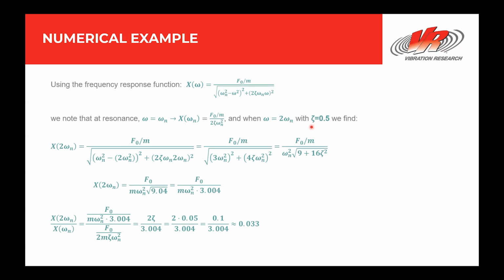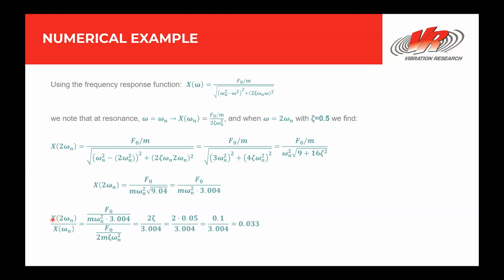So plugging in that substitution, letting omega equal twice the natural frequency into our frequency response function, and you can follow the math on your own here, but we ultimately boil down to a relationship in which the mass terms cancel out, and the forcing function also cancels out.